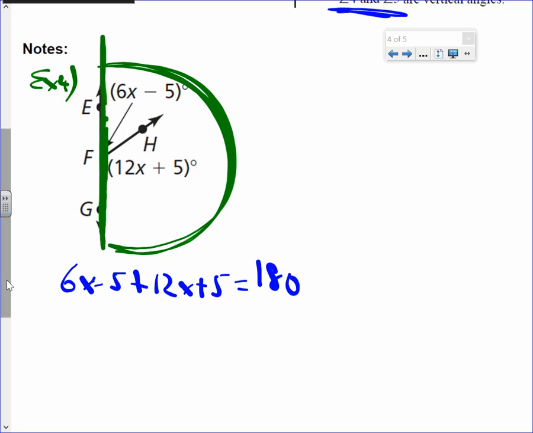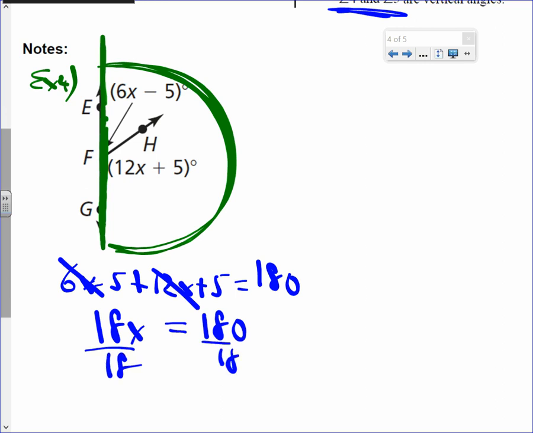Like terms time: 6x and 12x make 18x. Negative 5 plus 5 cancels out, that's 0. So I got 18x equals 180. Let's get x alone. Divide by 18. X is 10. Done.